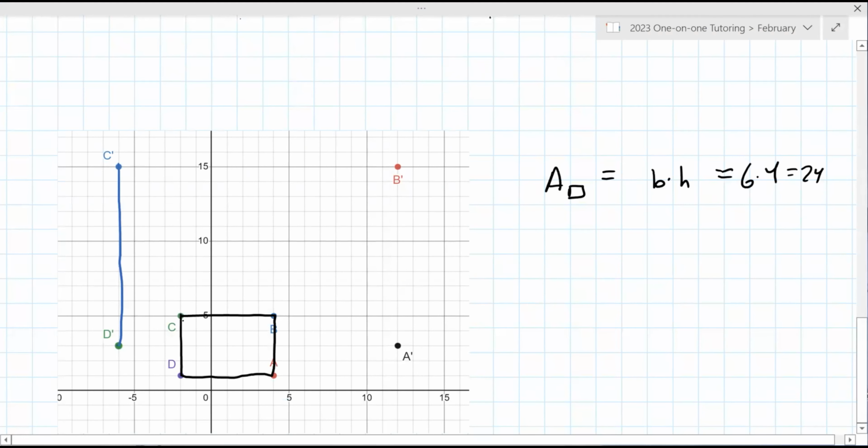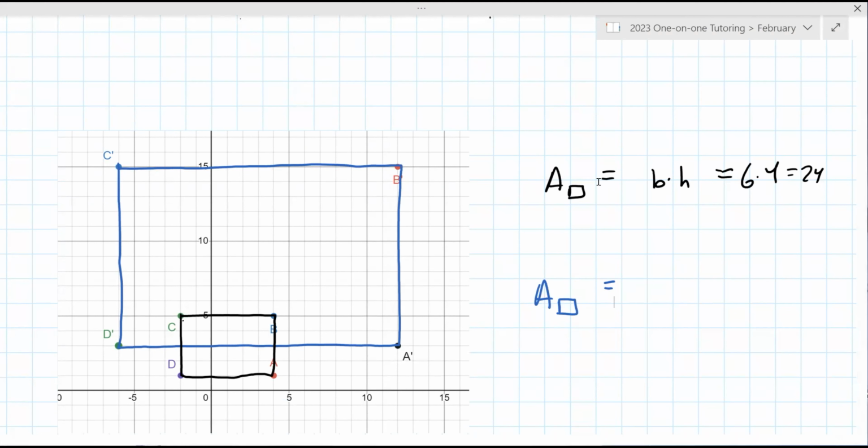Now the bigger one. If you could give me the area of the bigger one. 18 times 13.